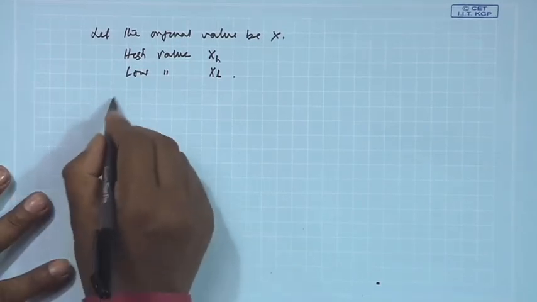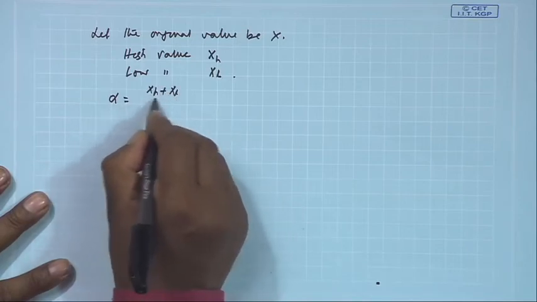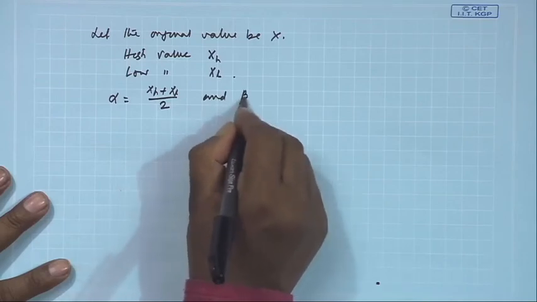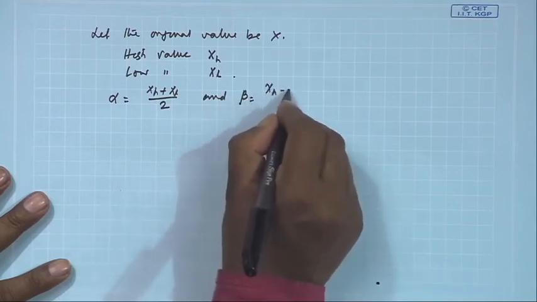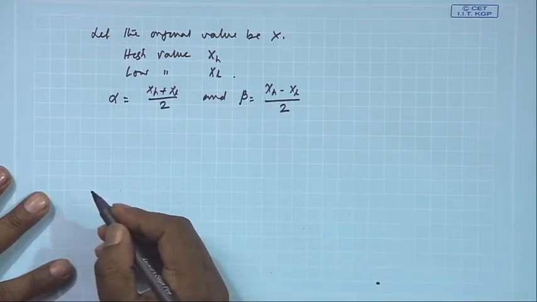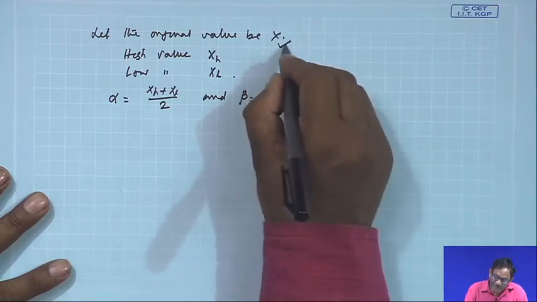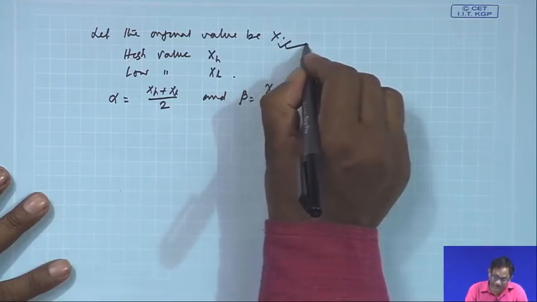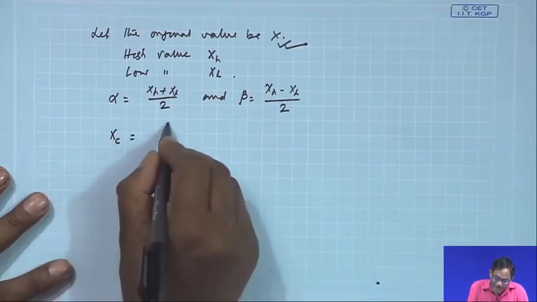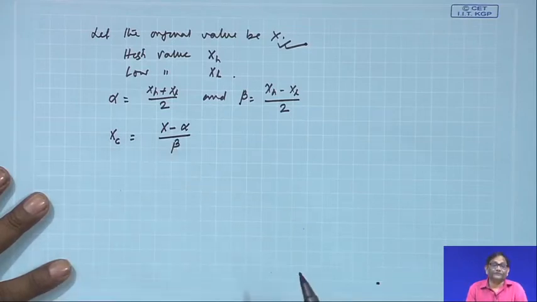So, create two quantities: alpha, which is xh plus x low by 2, and beta, which is xh minus x low by 2. Now, if x is measured in original unit, then the coded unit x coded can be x minus alpha by beta.